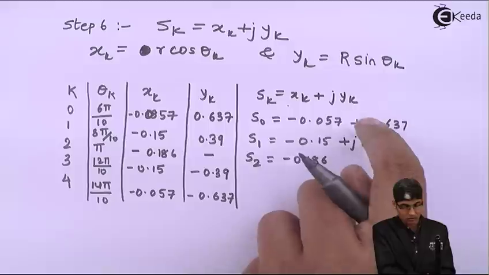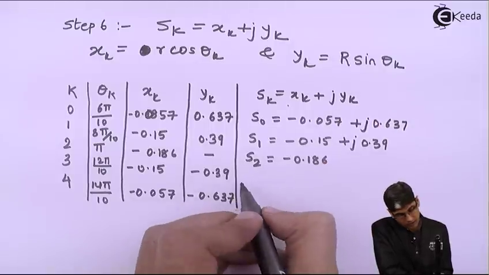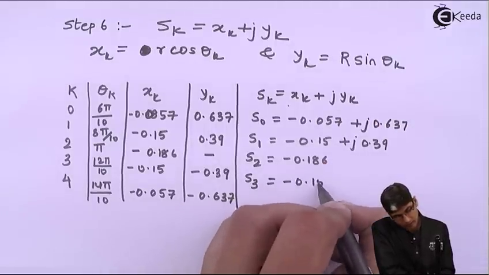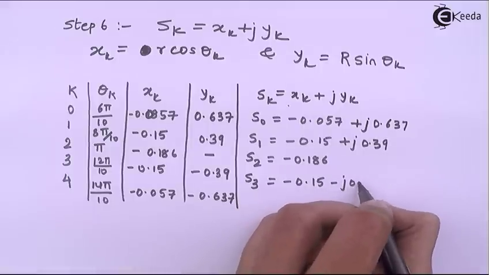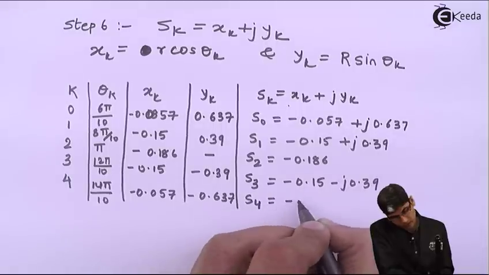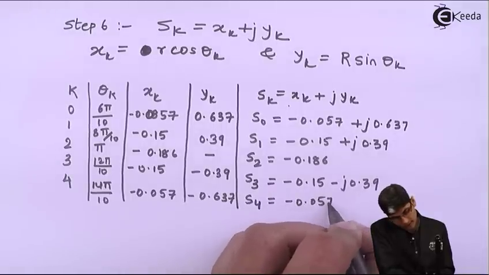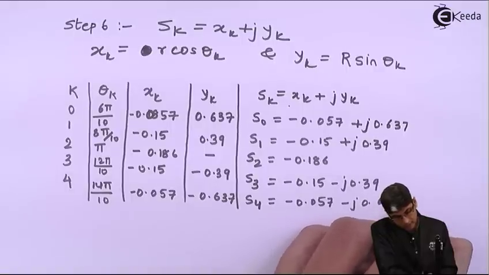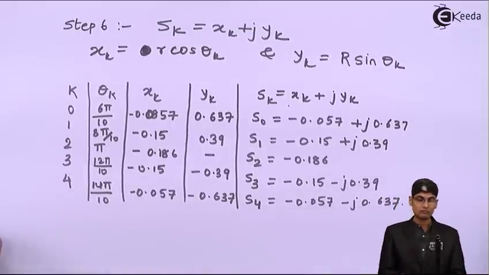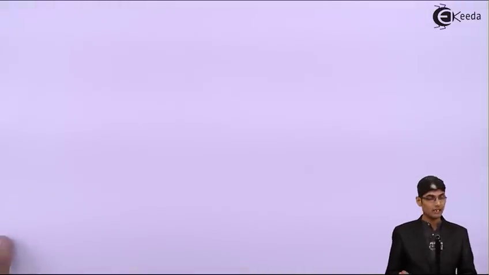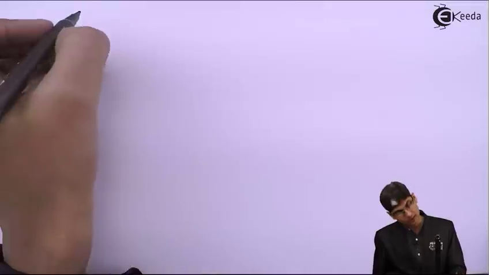There is no j because y k is 0 over there. S of 3 is minus 0.15 minus j 0.39, and S of 4 is equal to minus 0.057 minus j 0.637. These are the poles of the filter.